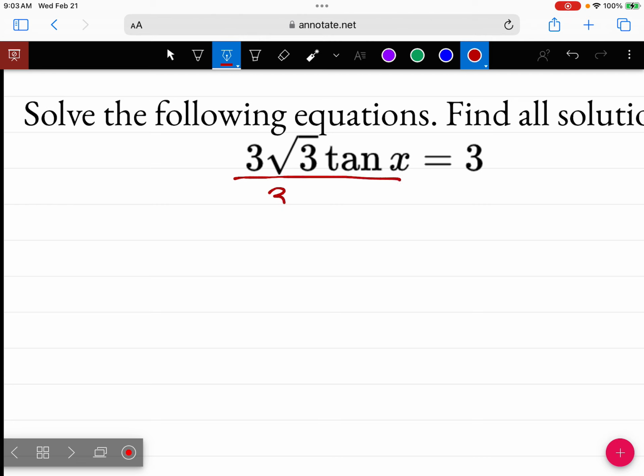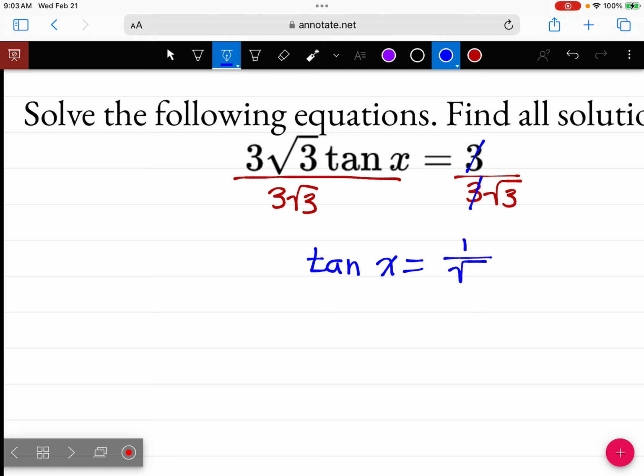Yep, we're going to divide both sides by 3 square root of 3. So we're going to have that the tangent of x equals 3 over square root of 3. These 3's cancel out, so we're just left with 1 over square root of 3.